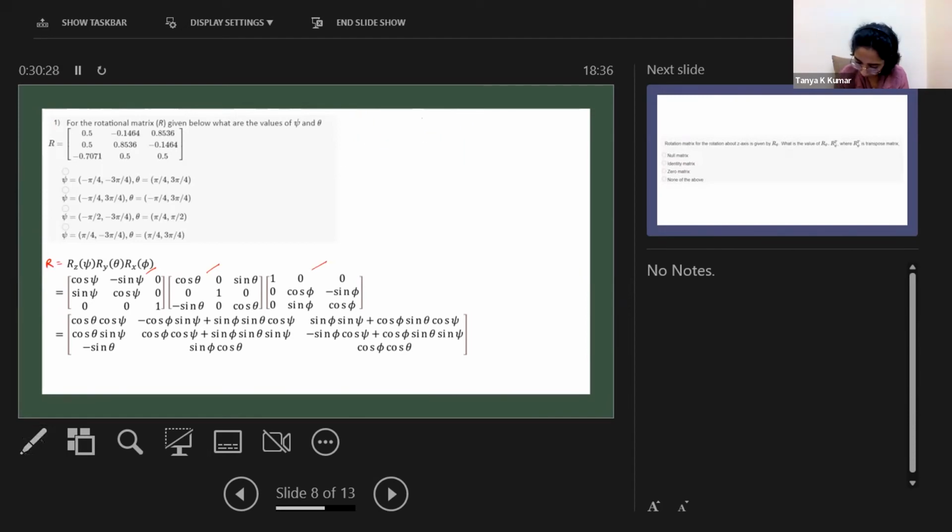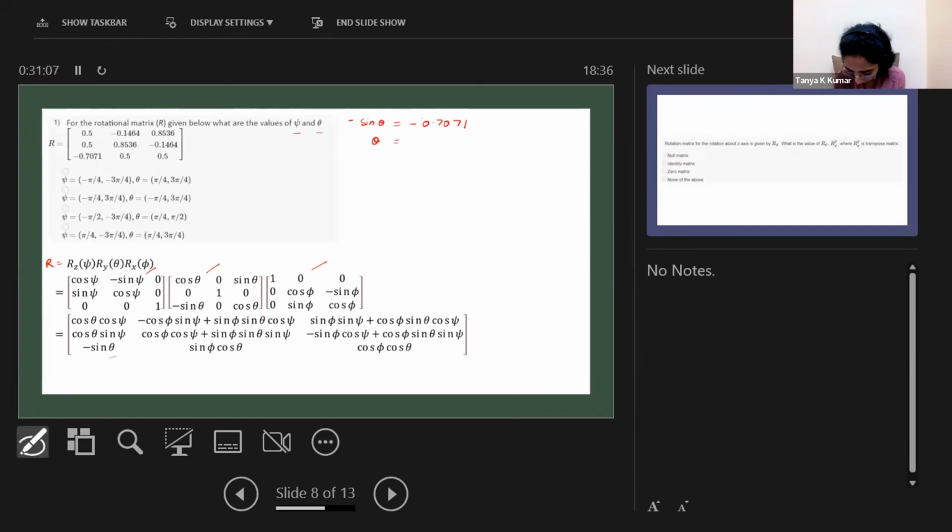Now, they've asked you to find xi and theta. We look at the final matrix. The rotation matrix is given to you, and we look at the formula of the rotation matrix. From this we can easily find one angle, which is theta. We equate those two matrices: minus sine theta equals minus 0.7071.